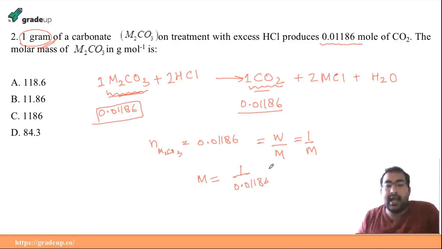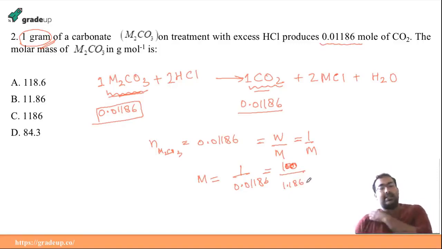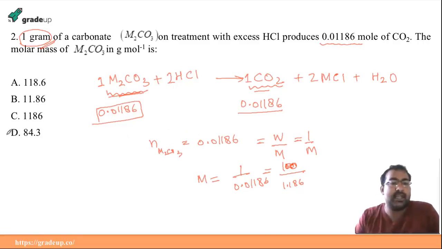It's a fairly simple calculation. 100 by 1.186, so it is a bit less than 100. So which is the correct option? It's 84.3.